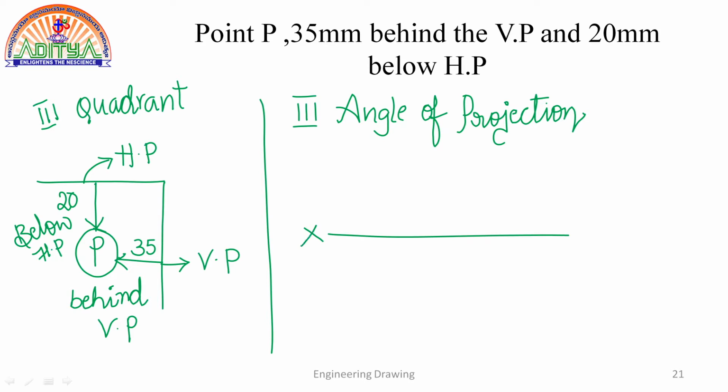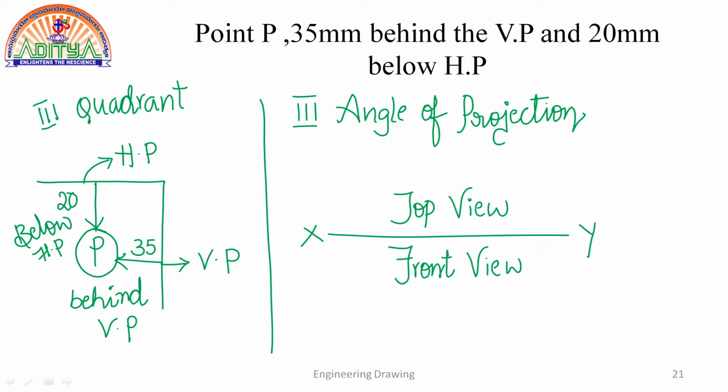XY is a reference line or a baseline. In third angle projection, above the reference line we are getting the top view, and below the reference line we are getting the front view. Isn't it?